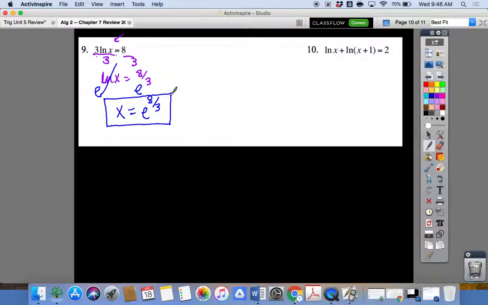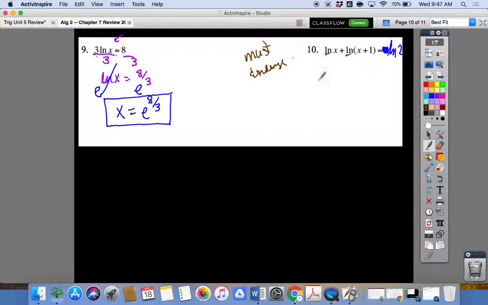All right, for number 10, I do have a typo. So please note that this right here should have been ln of 2. And that'll make a drastic difference in the problem. So sorry about that. I left off the ln. Okay, when you look over here and you see ln twice on one side, you must condense first.